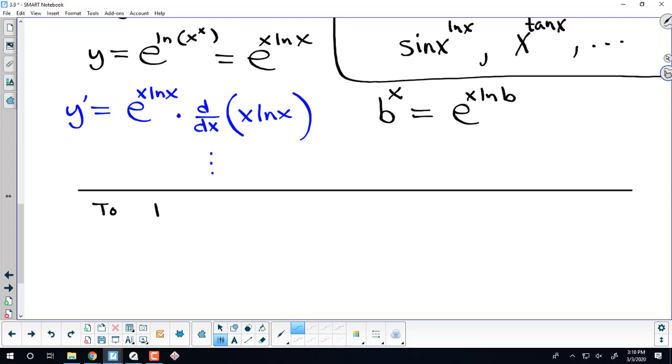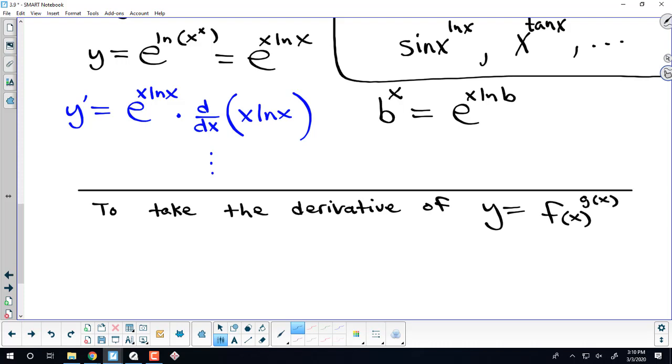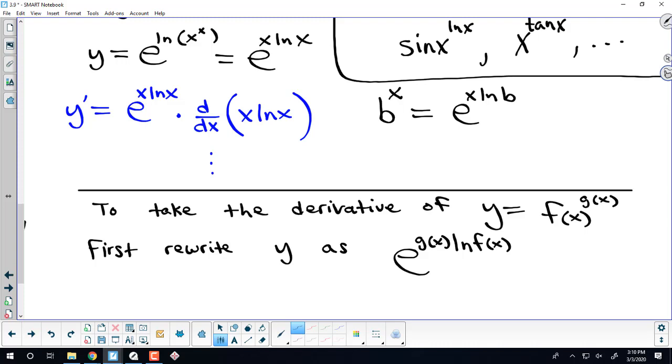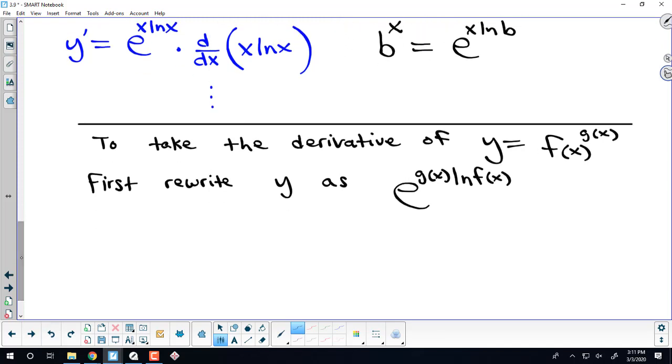So to take the derivative of y equals some function to another functional power, we first rewrite y as e to the g of x times the natural log of f of x, and use the chain rule.